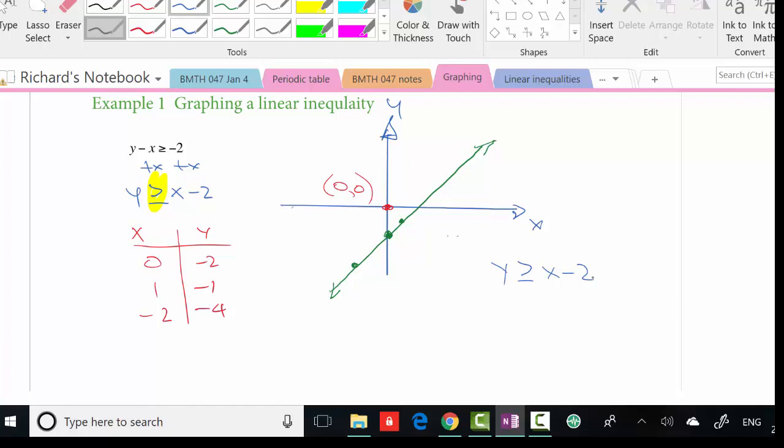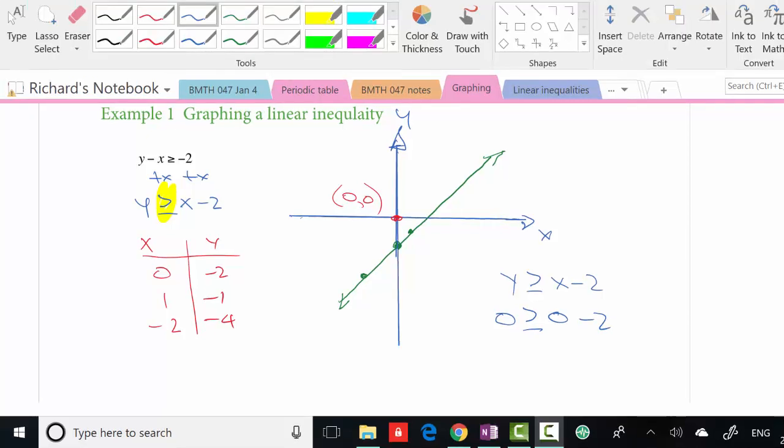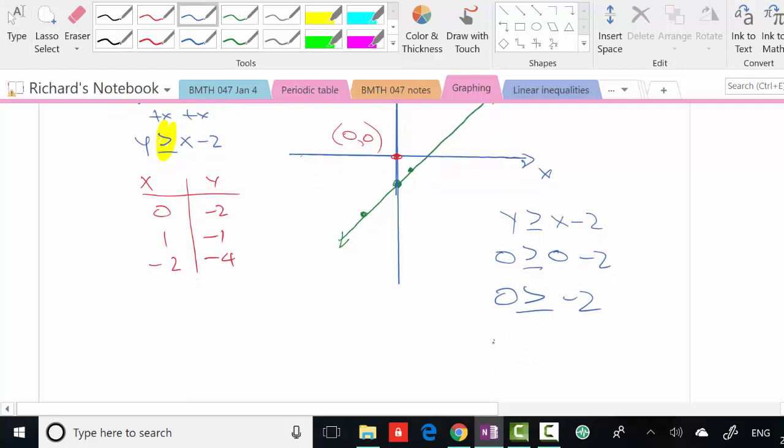So when I choose the origin as my test point, the value for y is 0. 0 is greater than or equal to, well, the value for x is also 0, minus 2. Since 0 is greater than or equal to 0 minus 2, this reduces to 0 is greater than or equal to minus 2, which is true. This is a true statement.